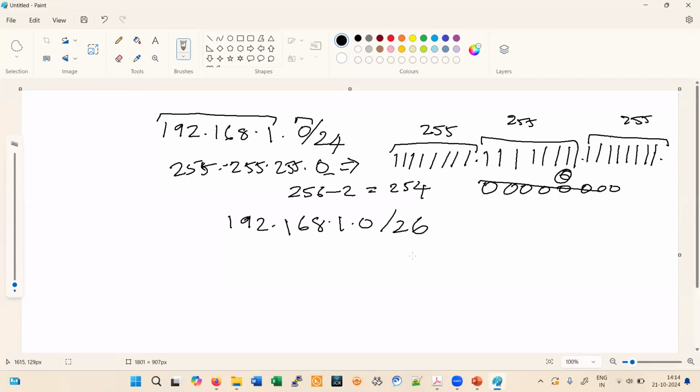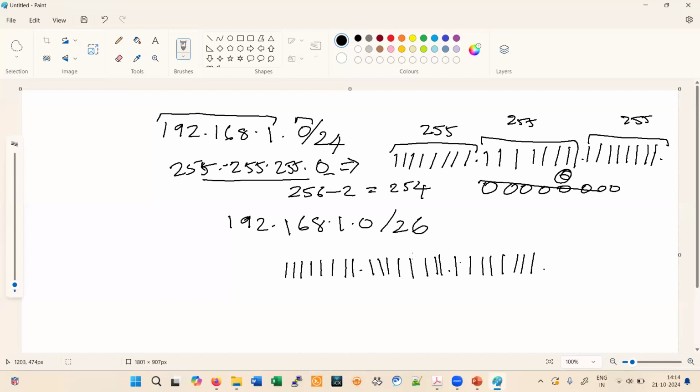So 255.255.255.0, which I mentioned here, right? If you make it /26, we can write it like this.